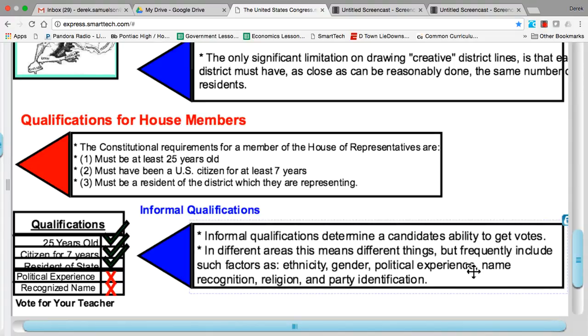These are what the voters are really going to look at and determine whether or not you can be their representatives. They include things like ethnicity, gender, political experience, name recognition, religion, and party identification.